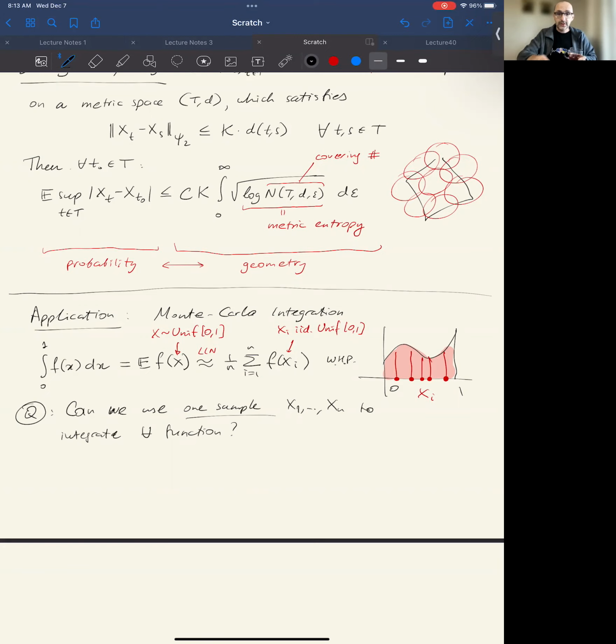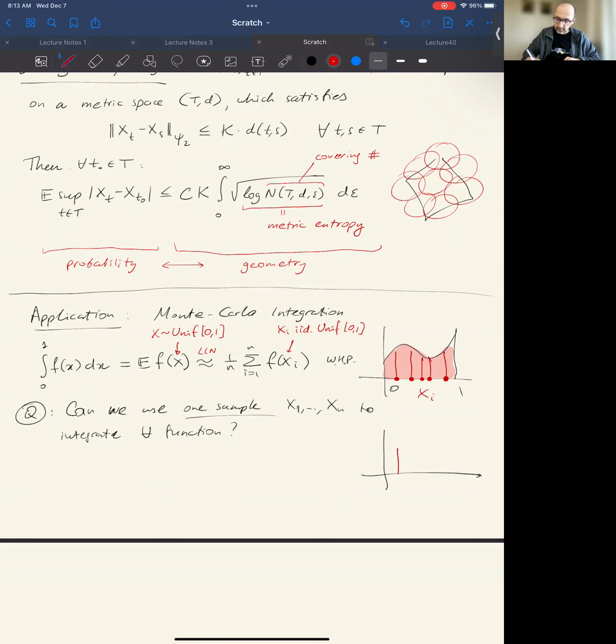No, of course. Yeah, why not, Daniel? Because we can construct a function which is not concentrated on these points from the data. Exactly.